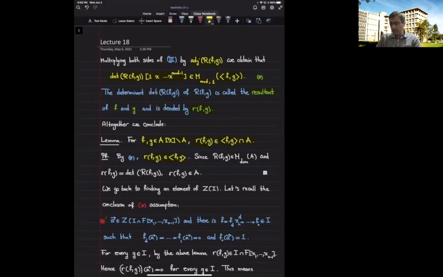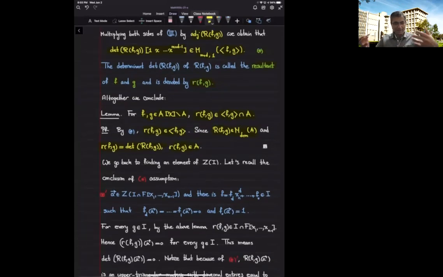But at the same time, we know the resultant is the determinant of this matrix with entries inside the ring A. Because it's in the ring A, the determinant of this matrix belongs to the ring A. So the resultant is inside the ring A. So it is both inside the ring A and in the ideal generated by f and g. Okay, so not bad. We wanted to find a method of finding elements inside the constant polynomials and the ideal generated by f and g, and we managed to do it for an arbitrary unital commutative ring.